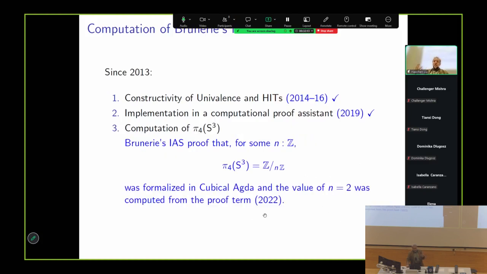And finally, in 2022, so almost 10 years after Guillaume's original chalkboard proof at the Institute for Advanced Study, it worked, and we weren't sure at this point, is there a bug in the proof? Is the proof correct? Is there a bug in the implementation? But finally, it worked, and it produced the value of 2.